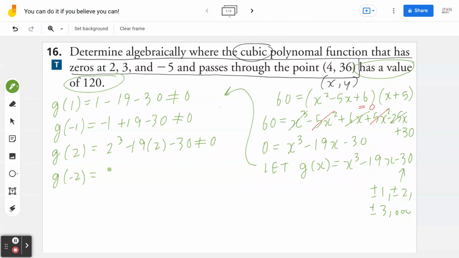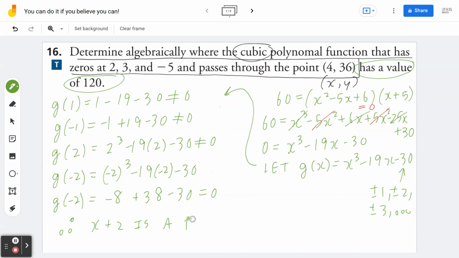This is going to be negative 2 cubed minus 19 times negative 2 minus 30. And if you really solve this, and again, I'm promoting a little bit of mental math, that's negative 8 plus 38 minus 30, that's exactly 0. So this means we found x plus 2 to be a factor, and we're looking for the other two factors.